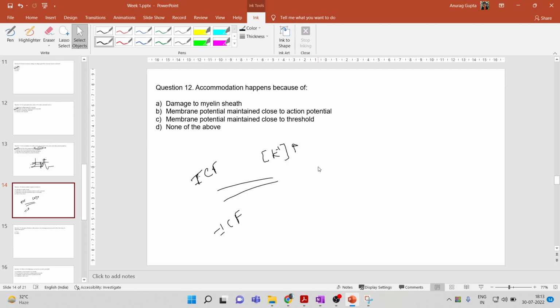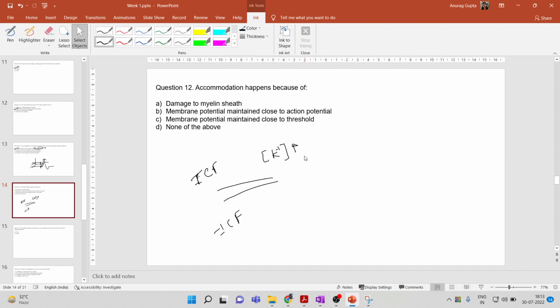Now there is something called accommodation that happens, due to which the inactivation gate of the sodium channel is closed.